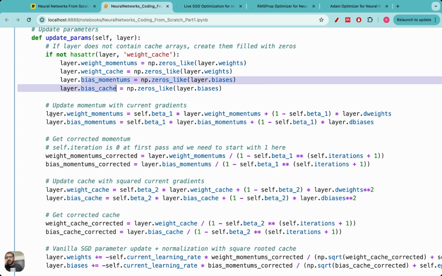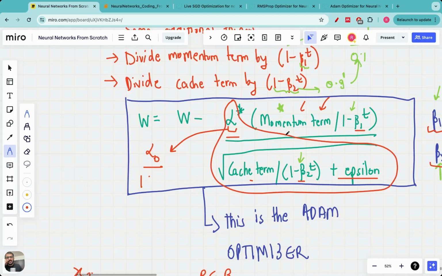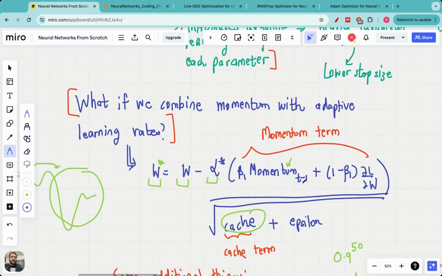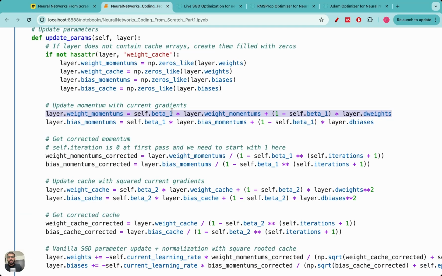Then what we are going to do is update the momentums. So if you look at the momentum which is mentioned over here, it's beta 1 into the previous momentum plus 1 minus beta 1 into the current gradient. So remember this formula: it's beta 1 into the previous momentums plus 1 minus beta 1 into current gradients.